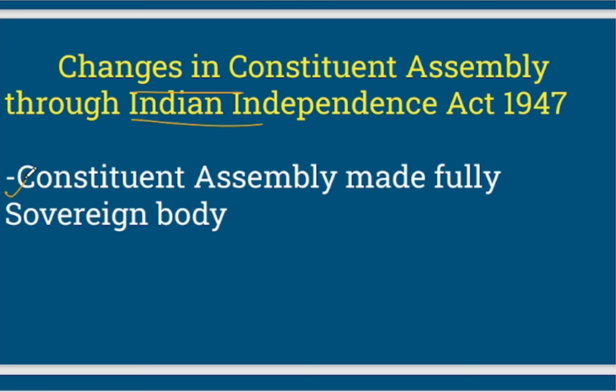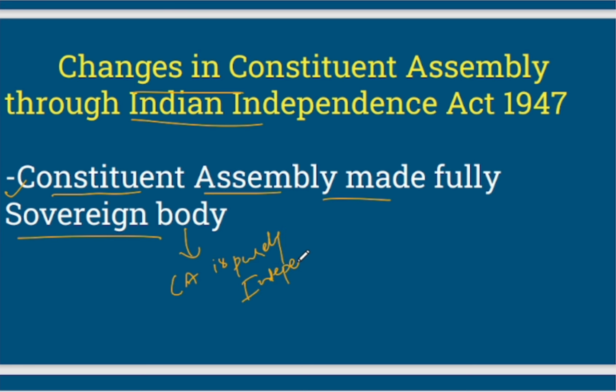The first and foremost important change which happened through this act was that the Constituent Assembly was made a fully sovereign body, right? So what does this sovereign body mean? It basically means that now the Constituent Assembly is purely independent, and it can function independently without anyone's interference.